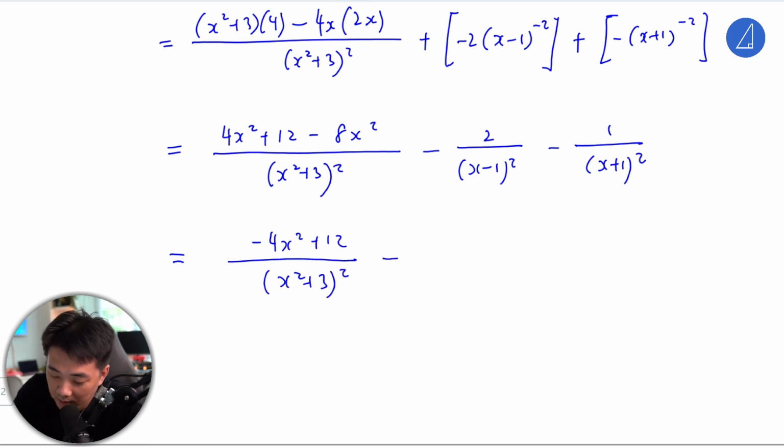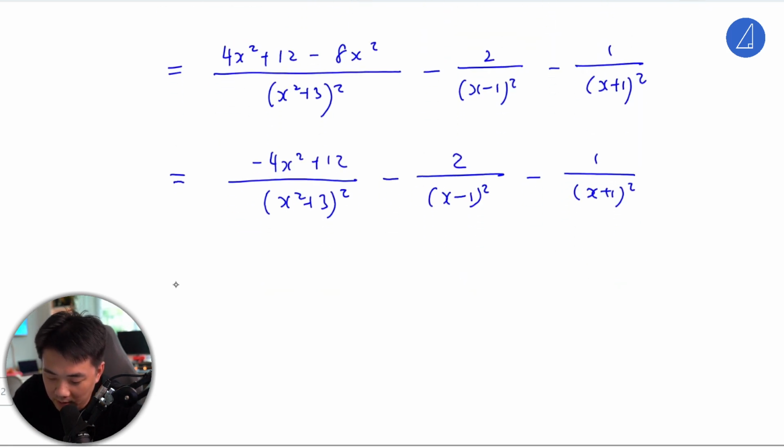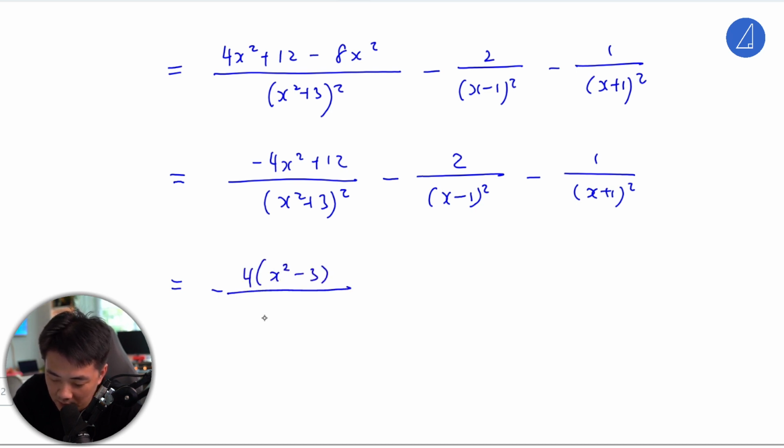This is the derivative that I get. Let me factorize the negative 4 out. So the negative I put outside, and this is x squared minus 3.